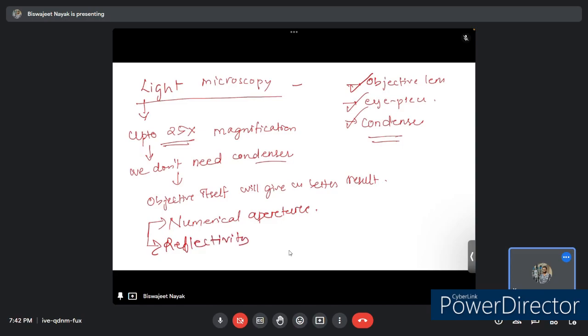For the best optical image, we need numerical aperture of condenser to be equal to numerical aperture of objective.